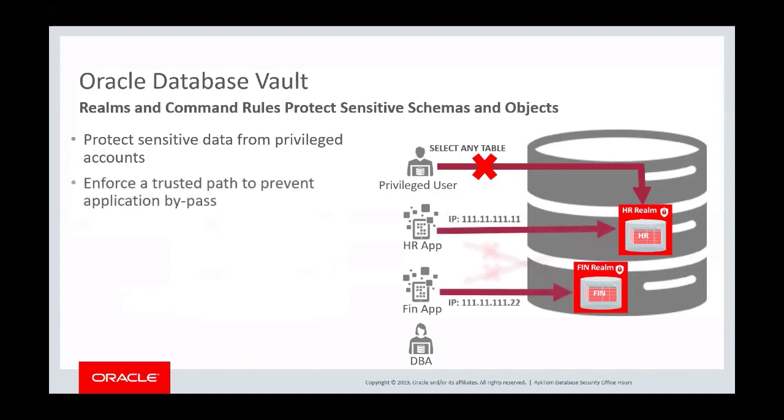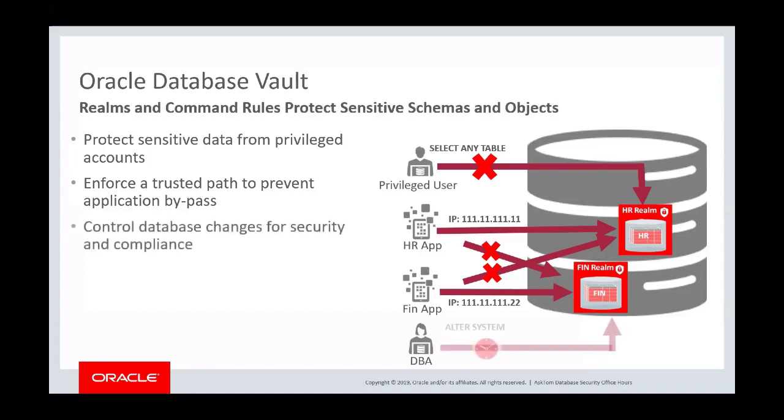And we use something called trusted path, or maybe you're familiar with another term, context-based security, where the realm protection also comes with some conditions, saying we'll only accept a connection if it's from this IP address, this particular client, or this particular program. And this prevents certain highly privileged applications, which have administrative or system privileges, from accessing data in other protected realms.